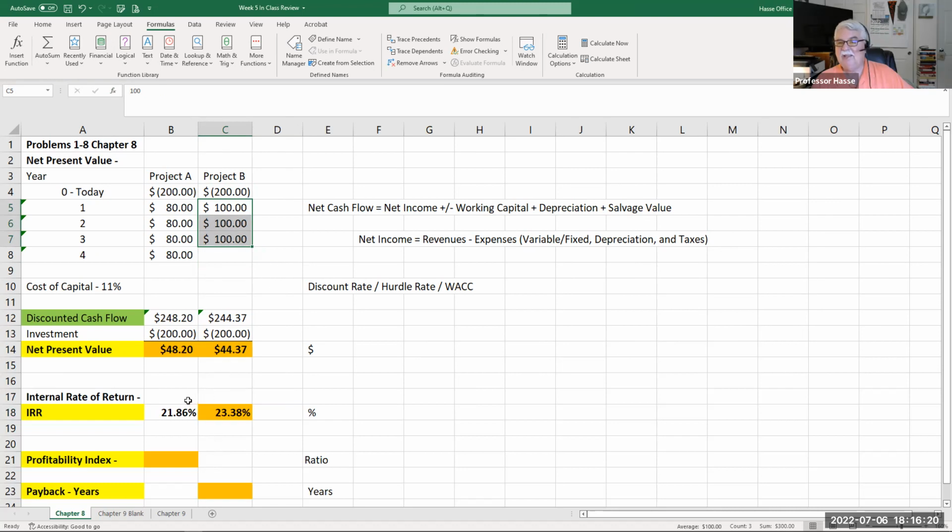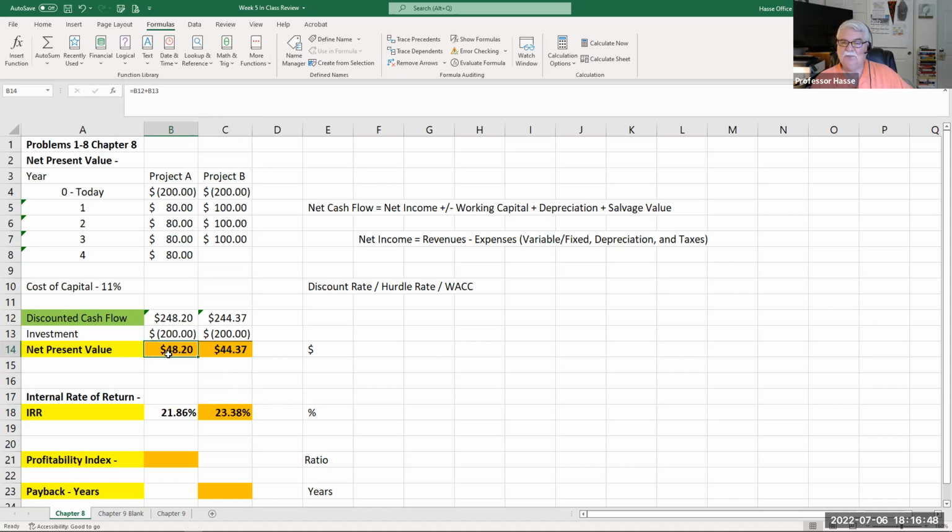Whereas Project A is generating more dollars, we're getting those dollars back quicker in Project B. Thus, if my company wants the money faster, they're going to probably do Project B. You're getting a higher return on that. But if you want more dollars, Project A. It happens a lot.